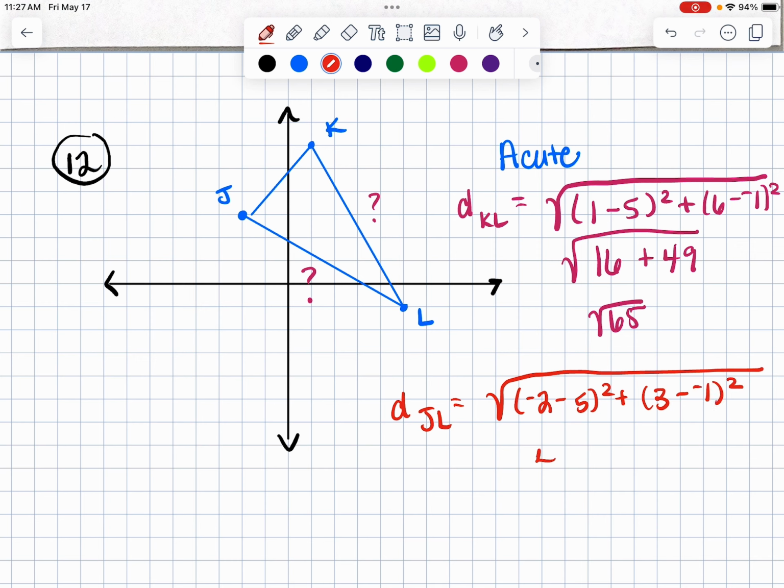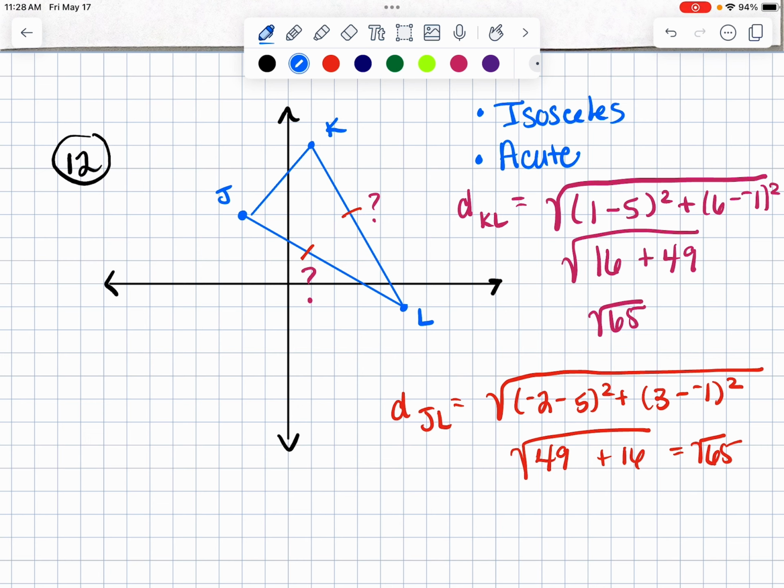So again, I end up with 49 plus 16. So the distance is also the square root of 65, meaning these two sides are actually equal, which would make this an isosceles as well. So make sure you are classifying it with both angle and side references.